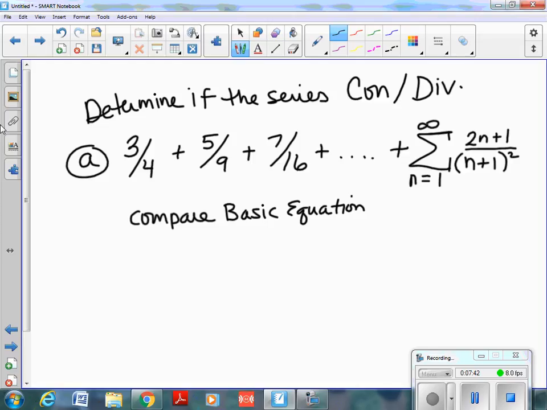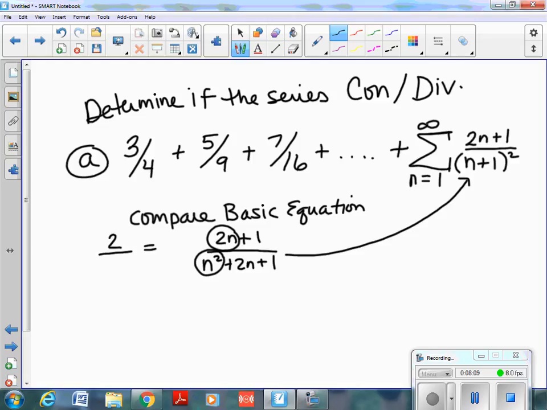So, how do they get a more basic one? Basically, they take 2n plus 1, and they expand the n plus 1 squared out, and they get n squared plus 2n plus 1. So basically, you take the largest term in the numerator and divide it by the largest in the denominator, and that's your end behavior, if you remember doing this. It's been a while since you've done this. But the more basic formula that we're going to use is this one.